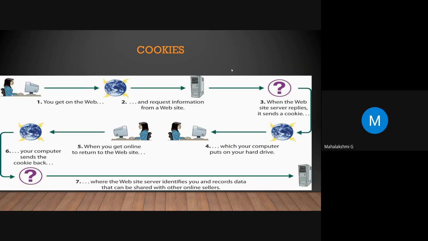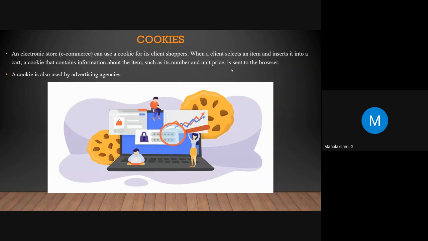So now let us look at where cookies are used nowadays. A site that restricts access to registered clients only sends a cookie to the client when the client registers for the first time.